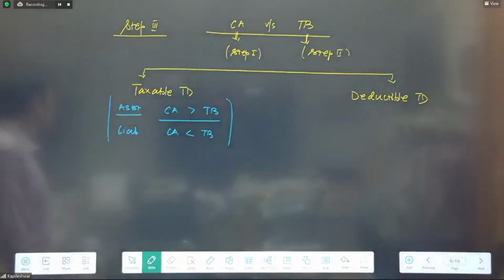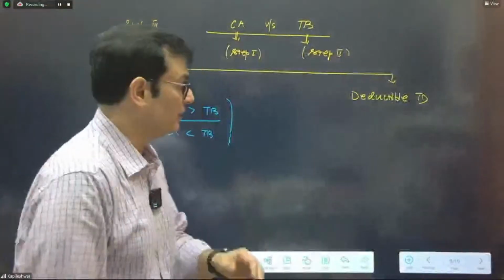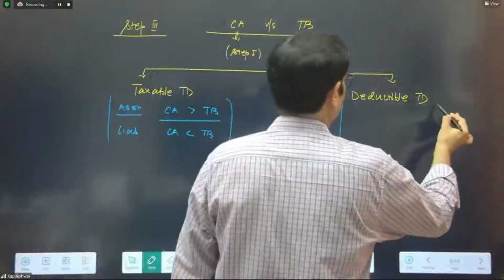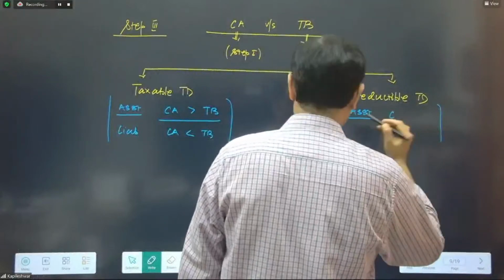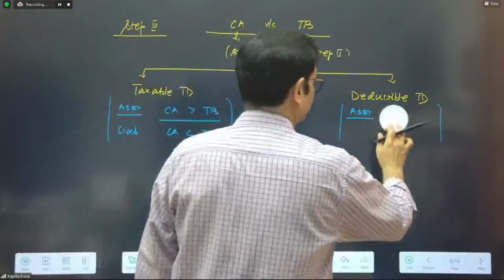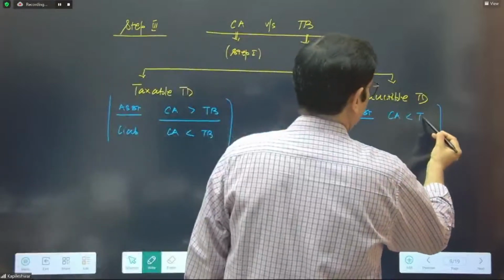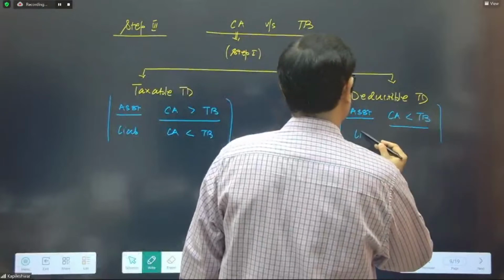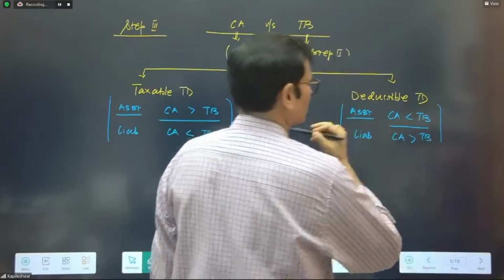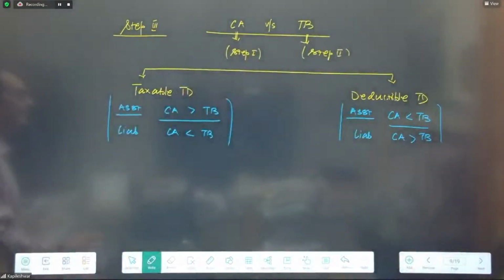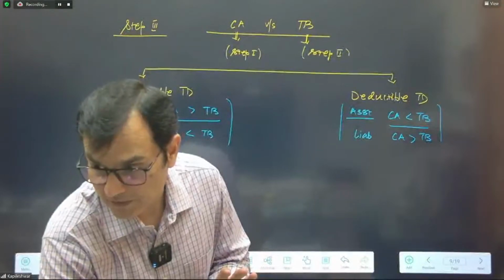These are the only two combinations where a taxable difference could arise with a balance sheet approach. And you get a deductible difference in terms of an asset when the carrying amount is less than the tax base, and in terms of a liability, when the carrying amount is greater than the tax base. Get this clear that these are the two permutation combinations which could arise.